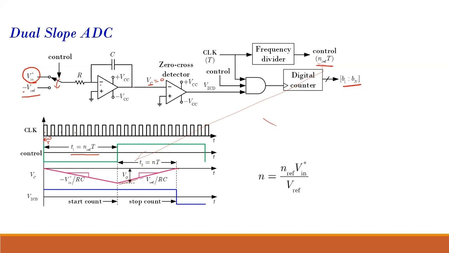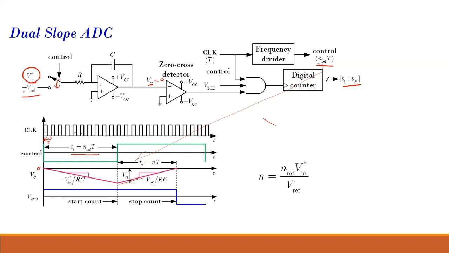See, this output VC is less than 0, no? This is 0 volt, and it is reducing like this. The output of the integrator will be the negative of the input, yeah.